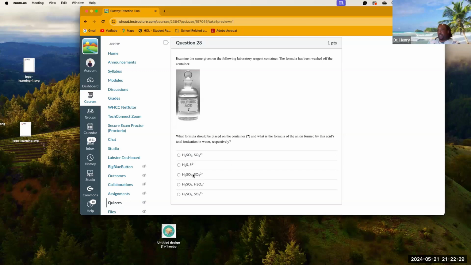Okay, so we have C. That is correct. So sulfuric acid is H2SO4, and the anion is going to be SO4 2 minus.